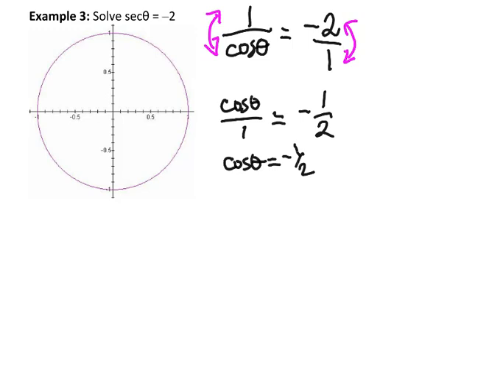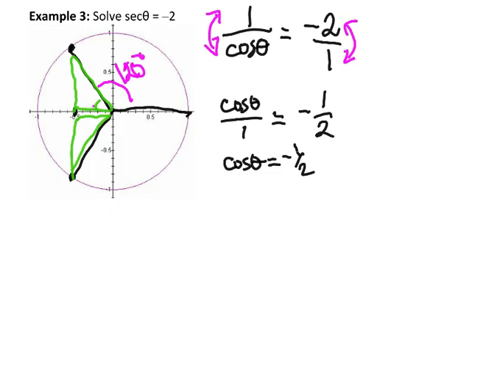So looking at your unit circle here, this is going back a little bit to a review of our special triangles. Negative a half is over here on the x-axis because I'm dealing with cos. So the 2 points that have the x value of negative a half are here and here. So it's that angle and this angle here. And if we use our special triangles, this guy right here must be a 60-degree triangle, and that must also be a 60-degree triangle, which tells me that this angle here is 120 degrees.